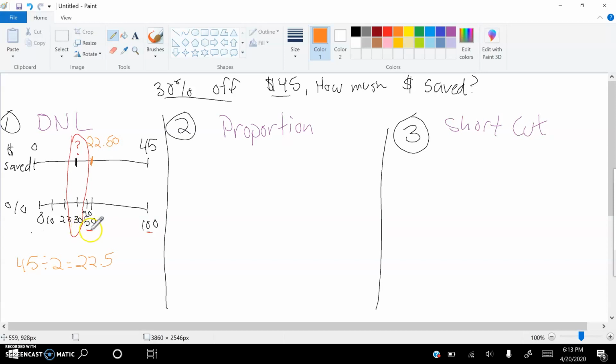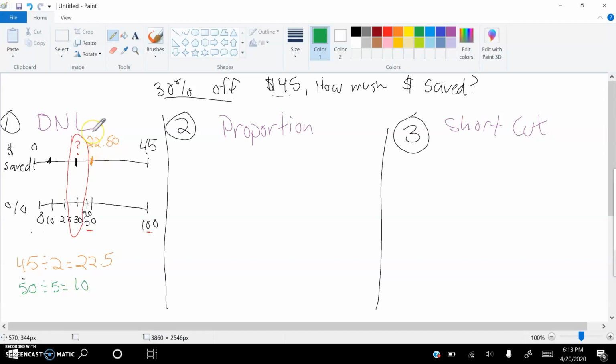Now, I can't divide 50 by any particular number to get 30. But I can divide 50 by 5 to get 10 and use that to get up to 30%. So we know 50 divided by 5 is going to give us that 10%. So let's do the same thing up here.